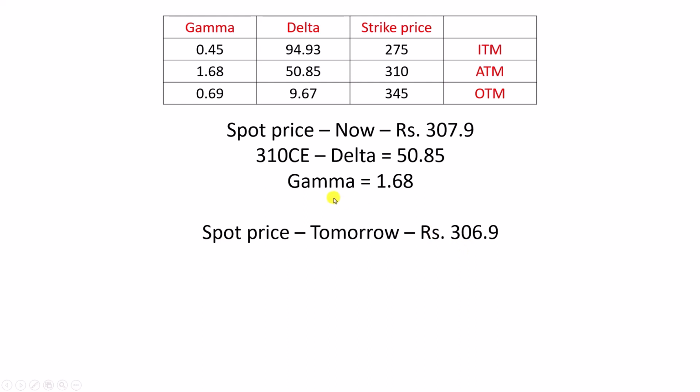I had bought a call option, but then the price did not move according to my calculation. The next day, tomorrow, it went to 306.9. So what will be the new delta value? Delta value will be 50.85 minus 1.68. So 49.17. So this will be the delta value tomorrow when the stock trades at 306.9 rupees.